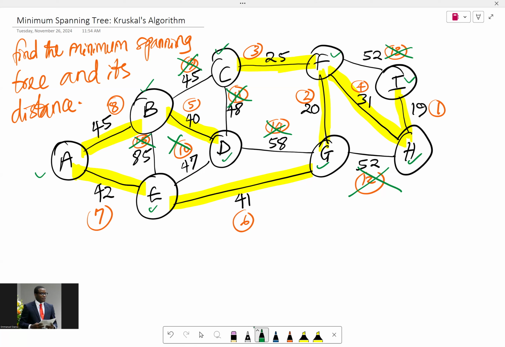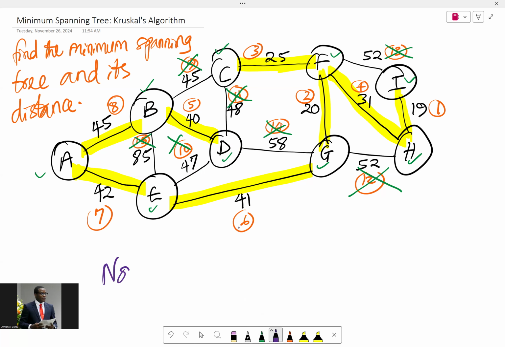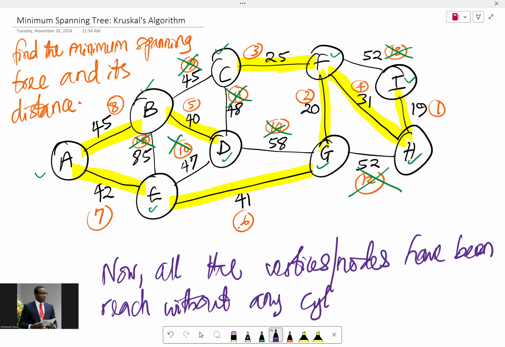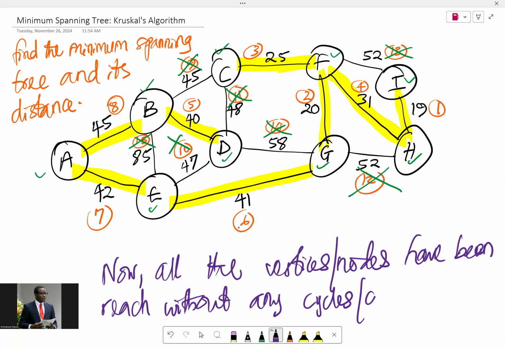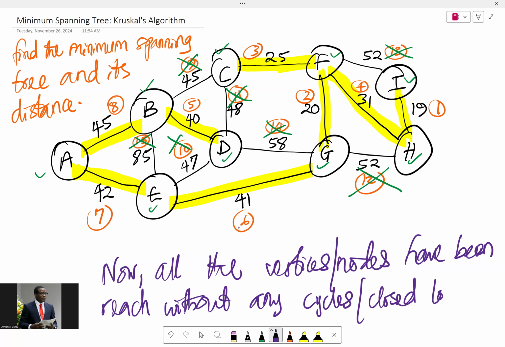So in this case now, all the vertices, or what you can call nodes, have been reached without any cycles or closed loops.